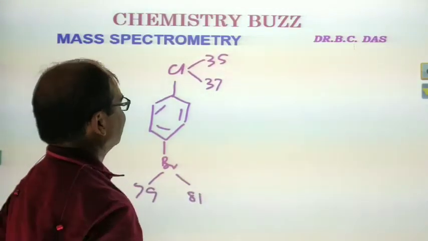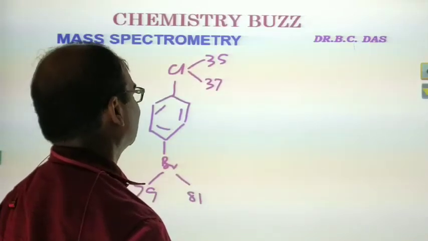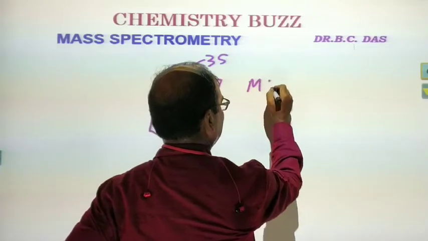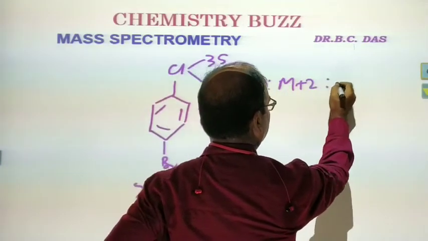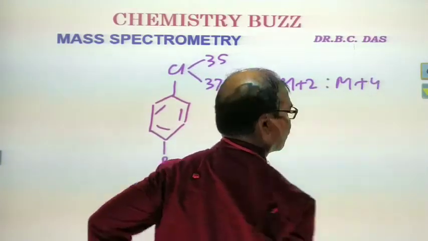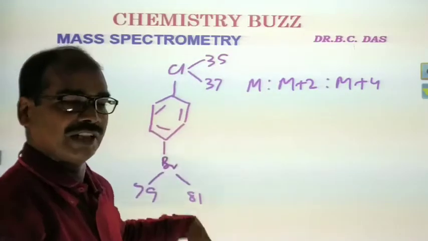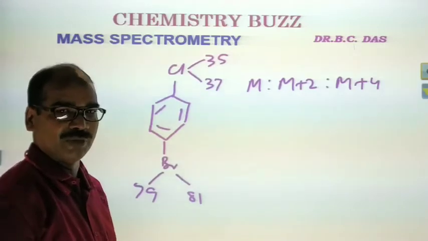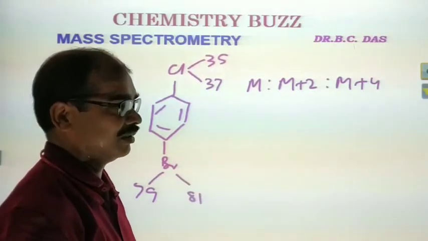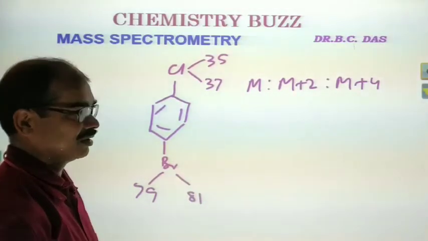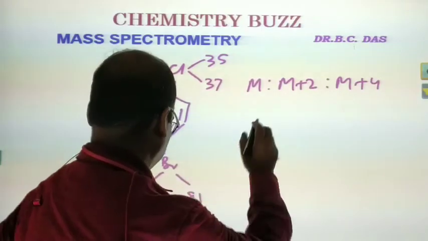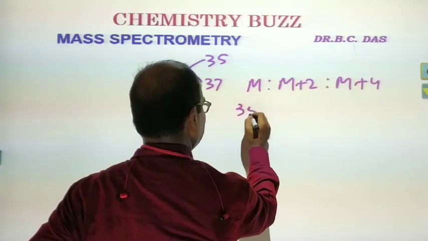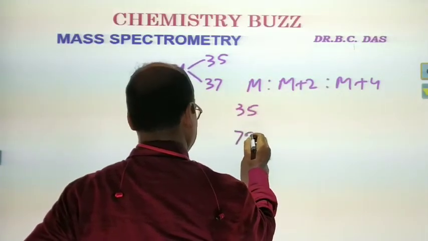So in this case we get the peaks m, m+2 and m+4. This type of calculation is important for different competitive examinations like JAM, NET, CSIR, JRF, etc. So for m, the numbers are 35 and 79.